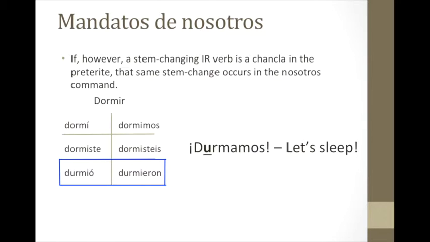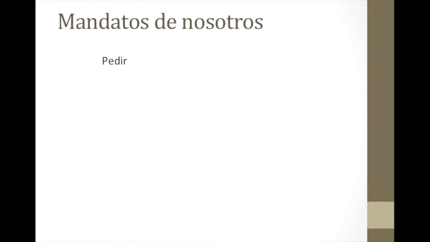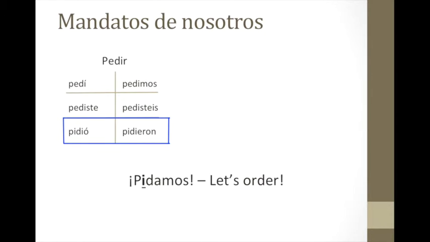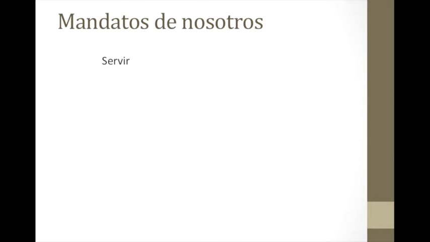More examples of that, pedir. In the preterite tense, "I ordered, you ordered, he or she ordered," pedí, pediste, pidió. You can see the bottom two are going to change. That change is going to apply to the flipped ending. Pidamos means "let's order," or no pidamos means "let's not order." Servir would work the same way.